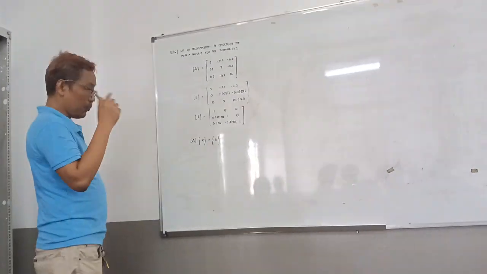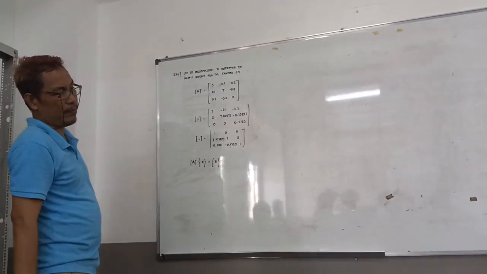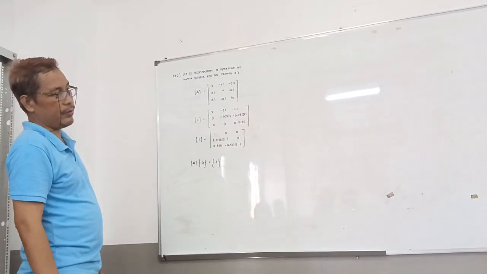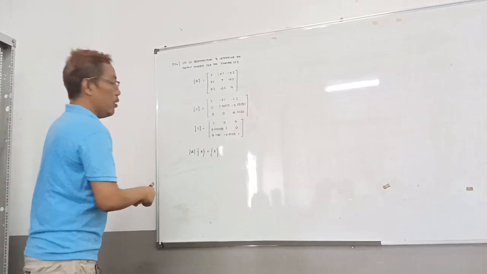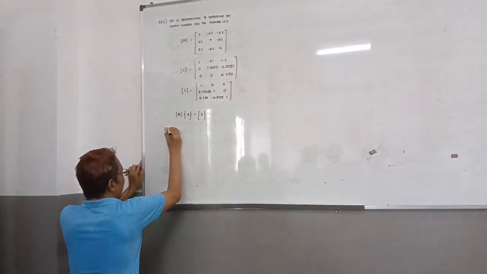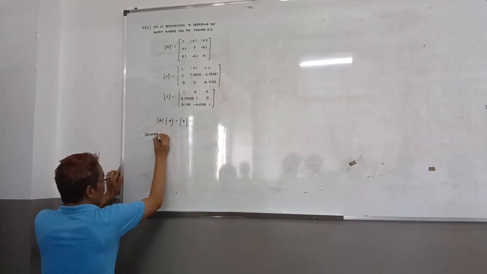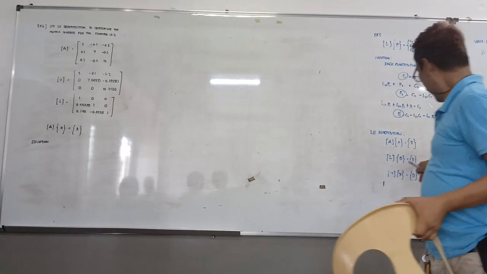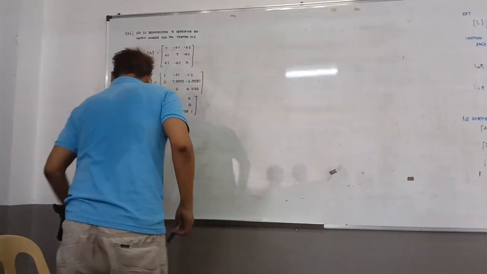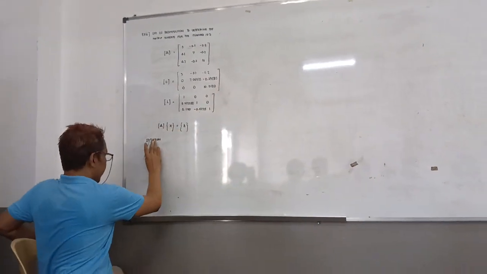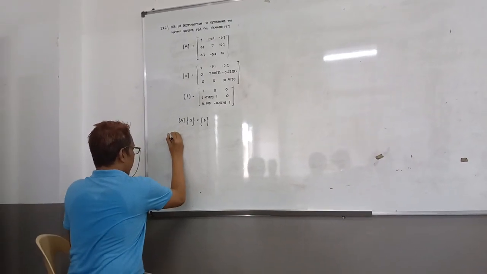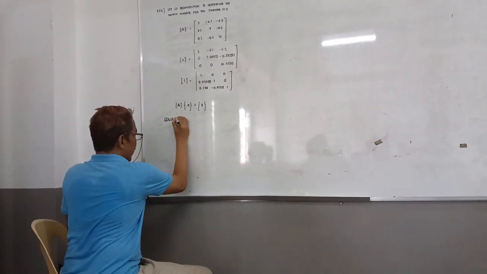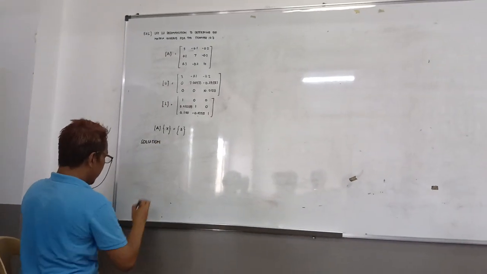So the first major step is to solve for D. How to solve for D? For the step solution, solving for D, we will use the equation LD is equal to B. Let's begin the solution.